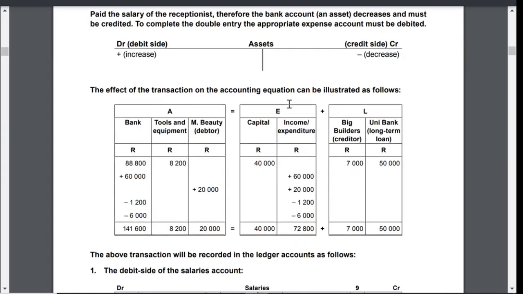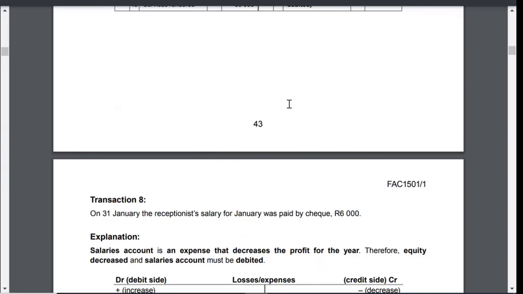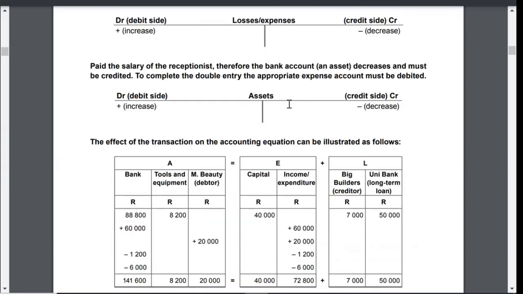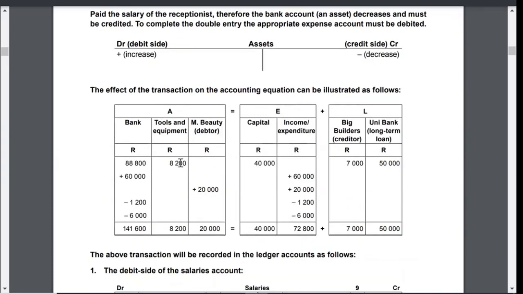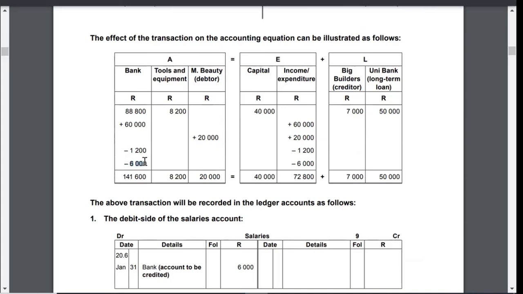And how will this affect your accounting equation? Bank is decreasing, so we're going to credit the bank. And what about salaries?